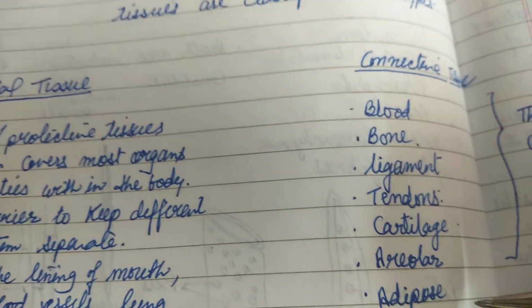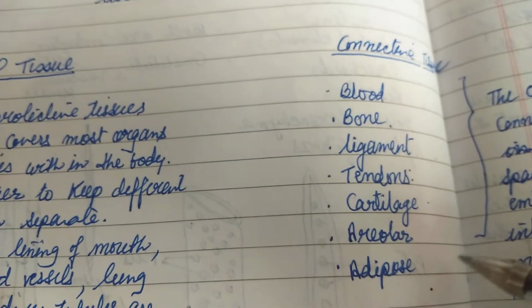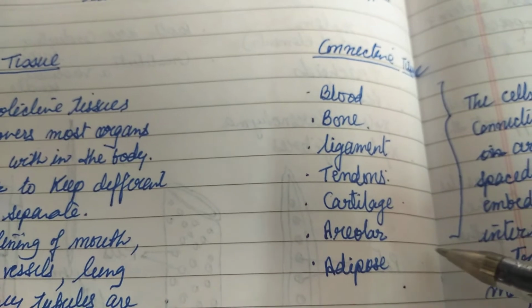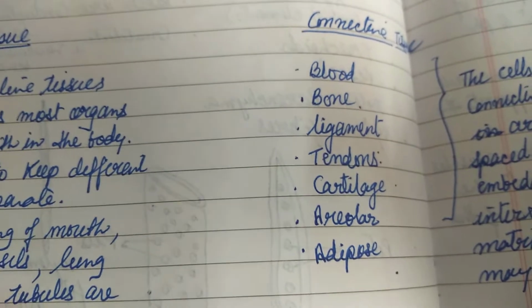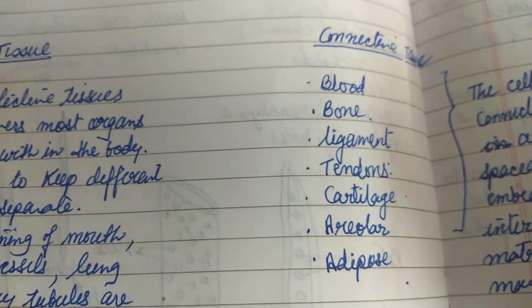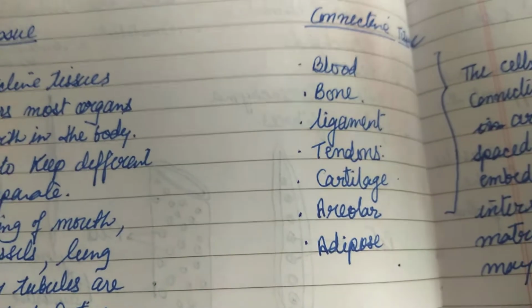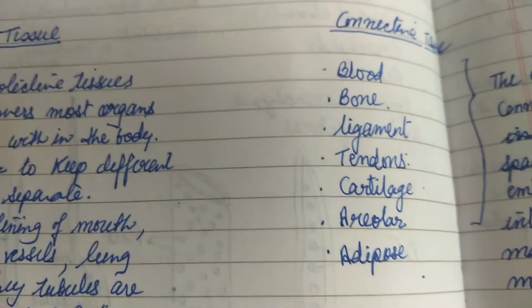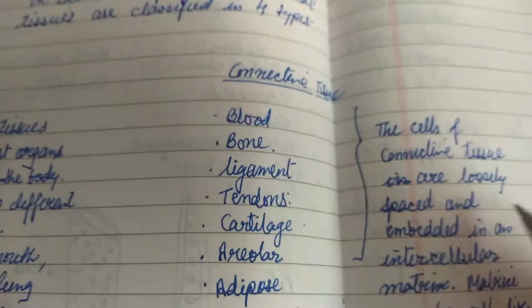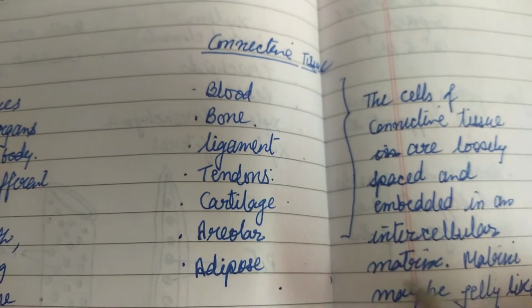If we see the structure of all of these, the one common thing is a matrix in which cells are present. They are not compactly packed cells, they are loosely arranged cells in a matrix. This is the common structure of all connective tissue. So cells in connective tissue are loosely spaced and embedded in an intercellular matrix.